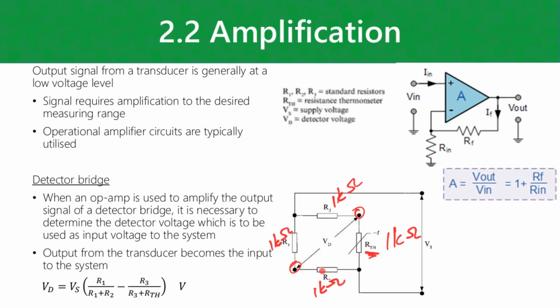Now, essentially what will happen is if you have any change in your thermistor, it's going to change the value of the voltage at this point, because now the voltage drop across the thermistor is going to be different from the voltage drop across R2. So now you have a difference in voltage that you can amplify.